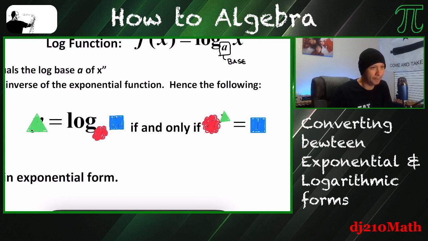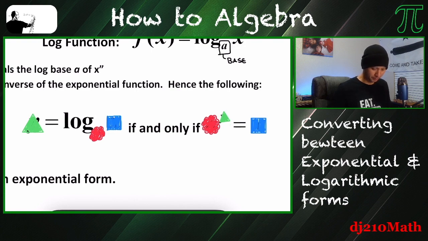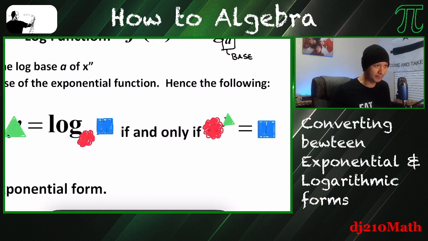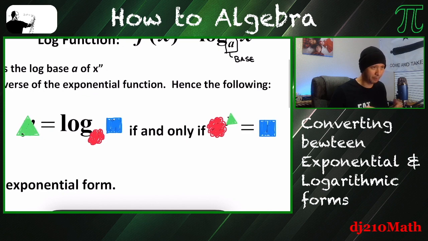If you just look at where the pieces go, you're going to be given one of these guys. Either a log, and you're going to be asked to convert it to exponential, meaning no log and with an exponent, or you're going to be given an exponential and asked to convert it into a log. So if you can just remember where the pieces go, right? It's just like a puzzle. You're just moving pieces around.